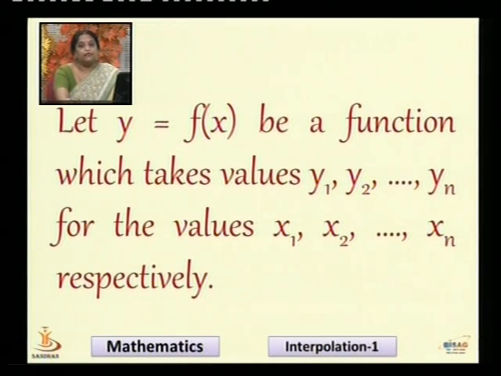That is, if we have a value x1 for the independent variable x, then y takes the form y1. Similarly, for x2, y takes the form y2. For x3, y takes the form y3. And for the point xn, y takes the point yn.